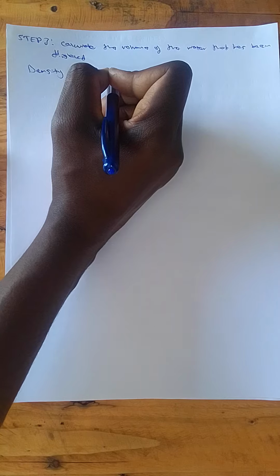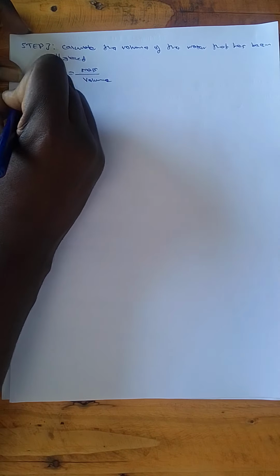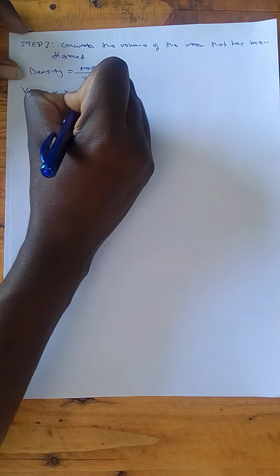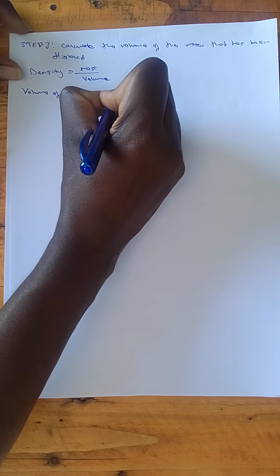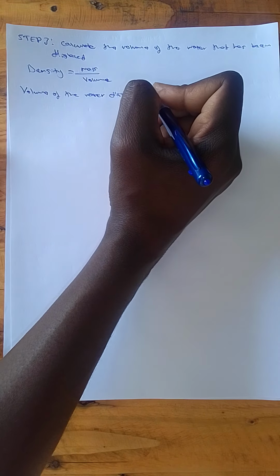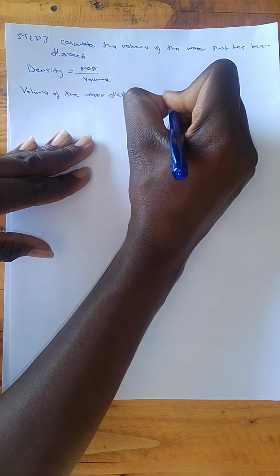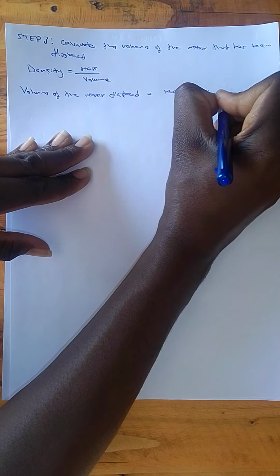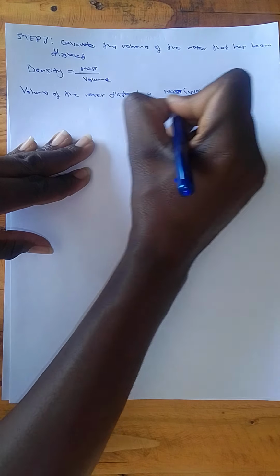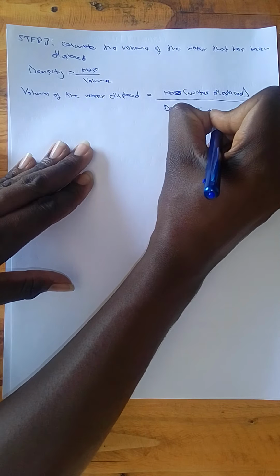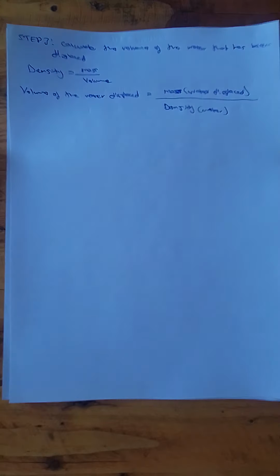Now, with that said, we can say that the volume of the water displaced equals the mass of the water displaced all over the density of water, or of the water displaced. It's actually the same, they're all water.